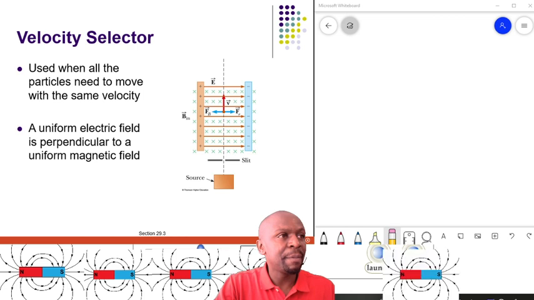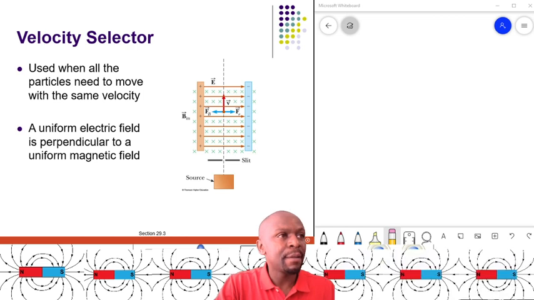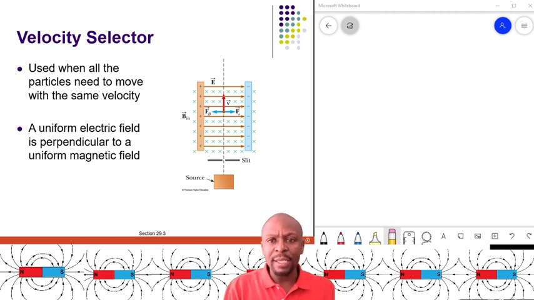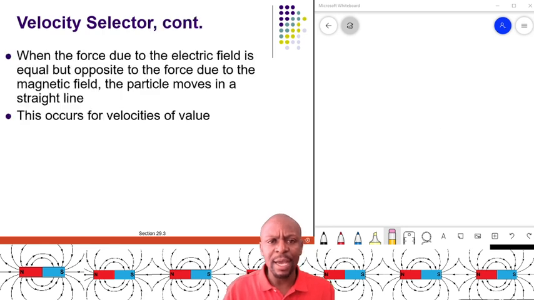Right, I'm now back to the slides. That's what I wanted to show you, that this particle can move without being deflected when the magnetic force and the electric force are equal. When the electric force is equal but opposite to the magnetic force, the particle moves in a straight line.